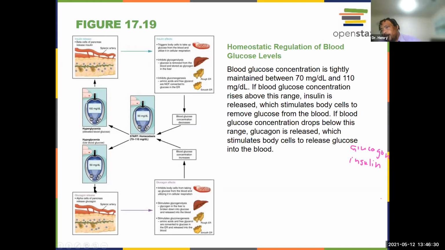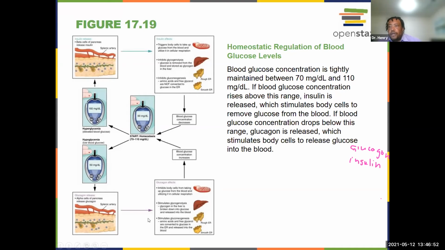Okay, and then in the case of glucagon, the alpha cells are going to be releasing glucagon.